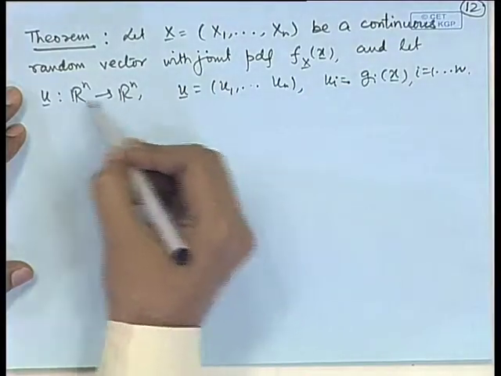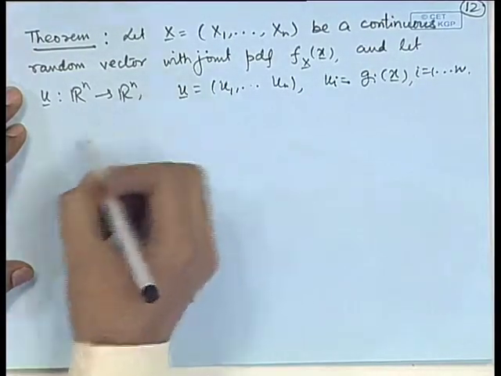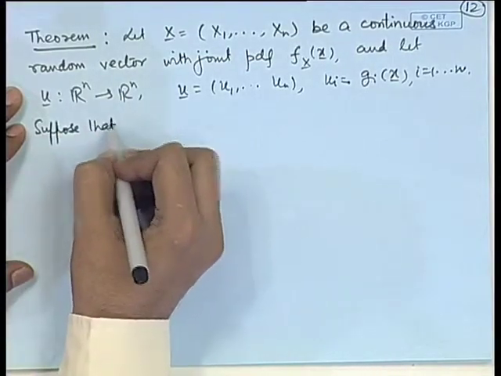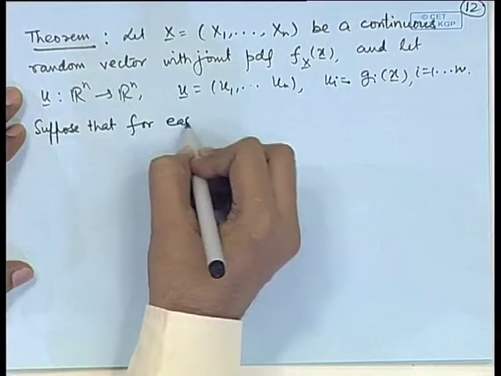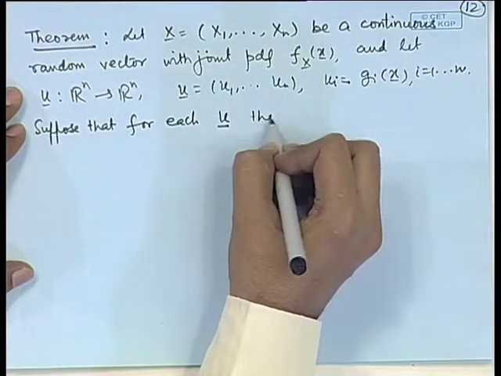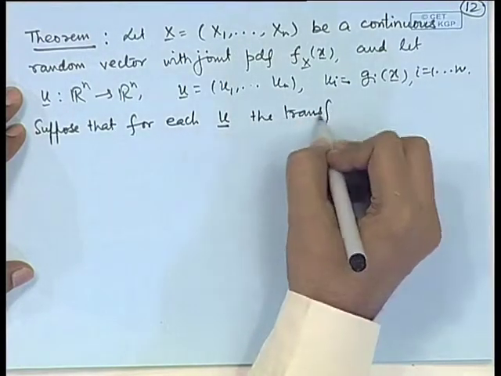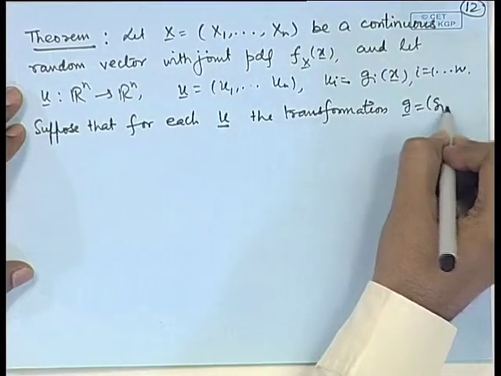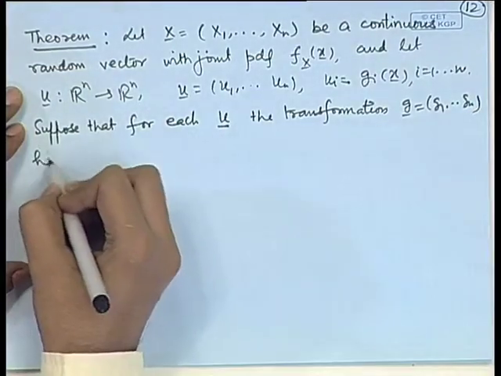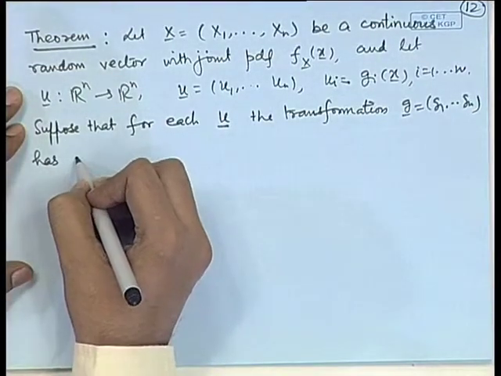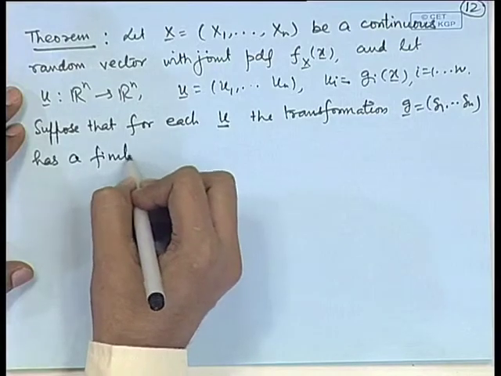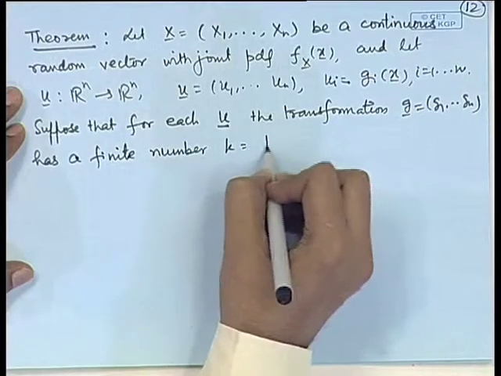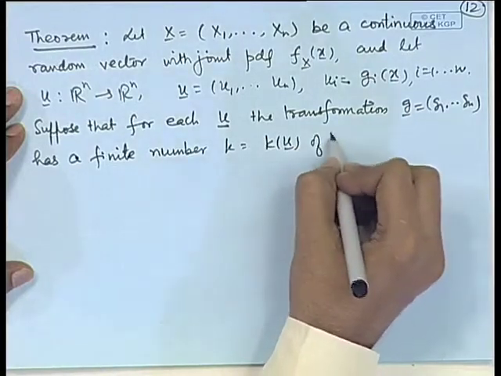So, we are not assuming that it is a 1 to 1 onto function. Suppose that for each u the transformation g, that is g1, g2, ..., gn, has a finite number, say k, of inverses.